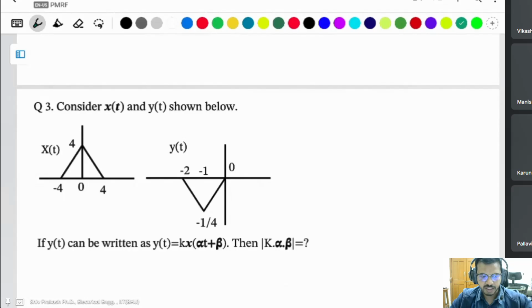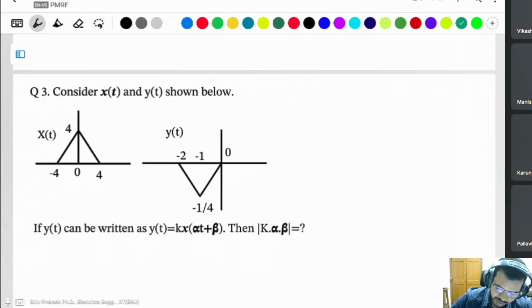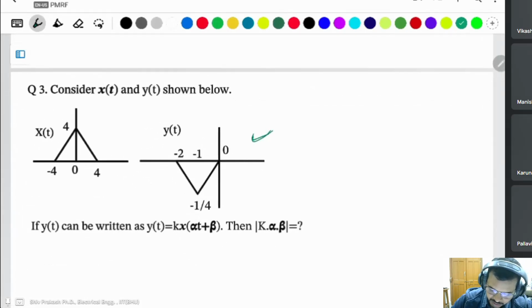A simple basic signal question. Now for the shifting and scaling problem, if x(t) is a triangular waveform from minus 4 to 4, the value at 0 is 4. x(t) and y(t) are given here. The question says you have to change the values of k, alpha, beta, like anything, where y(t) is equal to k times something.